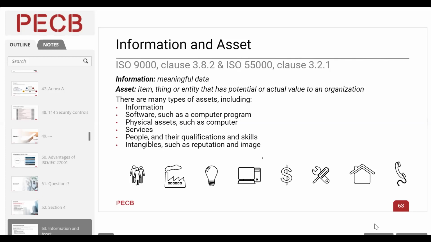But ISO 27001 lead implementer is specific to a standard, while ISACA CISM tries to be agnostic, independent of all standards. It's trying to stay in the middle, and that's the only difference.